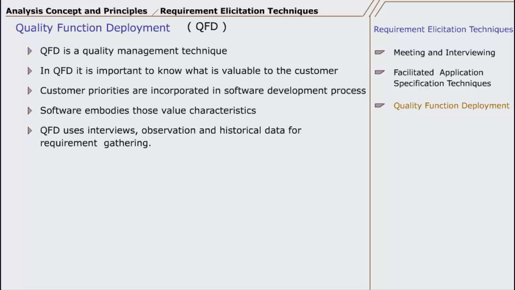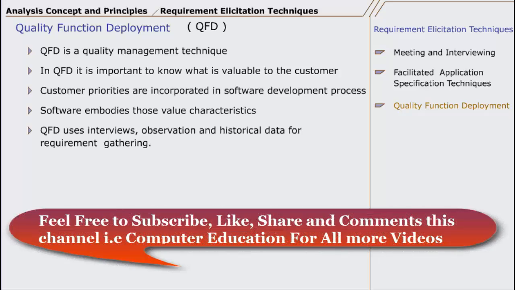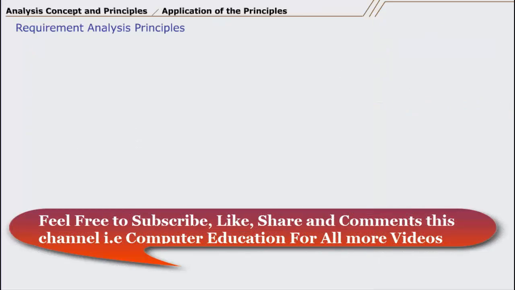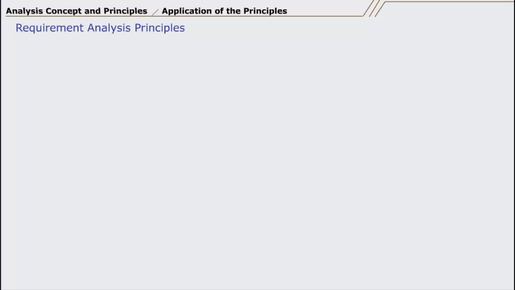First, we will discuss some broad guidelines for analysis of requirements. The first guideline states that the environment in which software will be deployed and used must be well represented and understood.